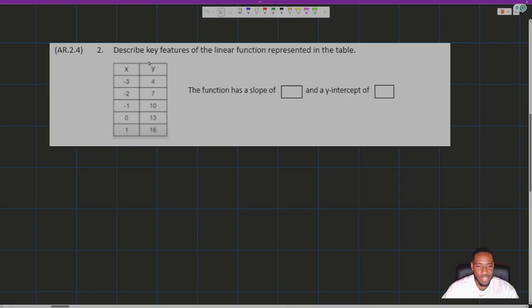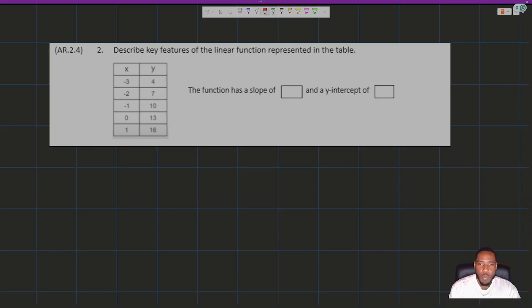Number 2 asks us to describe key features of the linear function presented in the table. And so what we're going to do is identify, again, the slope and the y-intercept.